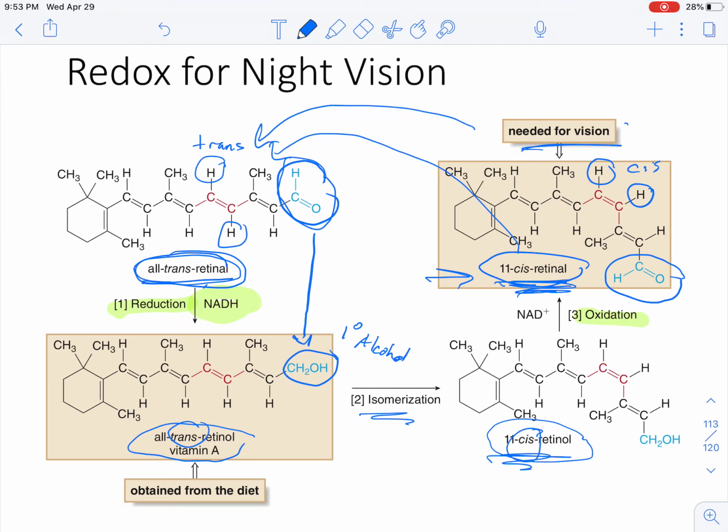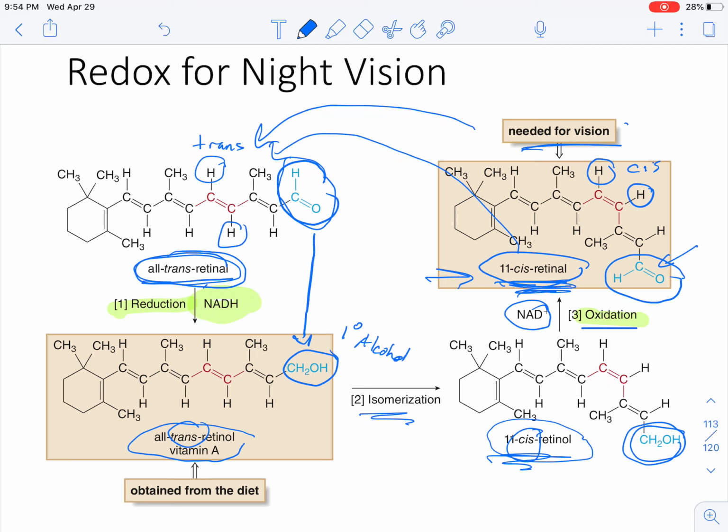And so for the cis-retinol to become cis-retinal, which is needed for vision, this primary alcohol needs to undergo oxidation to reproduce the aldehyde. And the oxidizing agent is going to be NAD+. Okay?